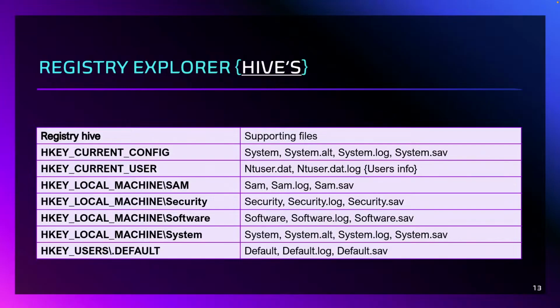And then HKEY_CURRENT_USER, which is your NTUSER.DAT and .LOG, is really focused just on user activity, what the user did. There's a registry key where you can literally see how much time a user spent on what screen. So if a user spent 15 minutes on YouTube, it's going to log that. If a user spent 15 minutes on a Word document, it's going to log that also. You're going to be able to see all of that.